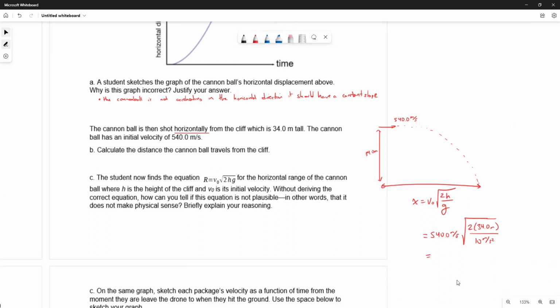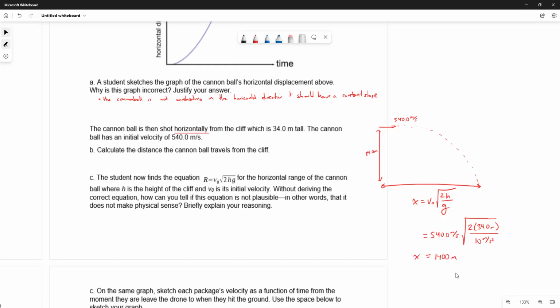I frankly don't even bother doing this, but let's see. 68 divided by 10, square rooted, times 540. So it's going to travel about 1,400 meters. You can round it up to 1,400 meters, but it's like 1,408 or something.